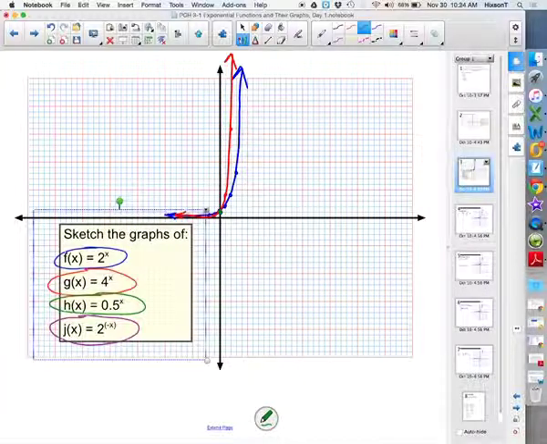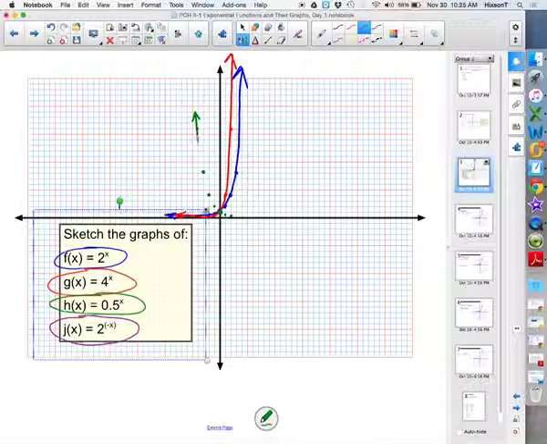However, as x increases, 0.5 to the first is 0.5, 0.5 squared is 0.25, and so on. Notice we're approaching the x-axis on the positive side. On the left, we're going to have (-1, 2), (-2, 4), (-3, 8), and let's see, negative 4 will be at 16.